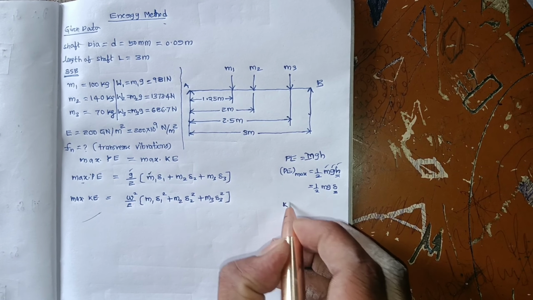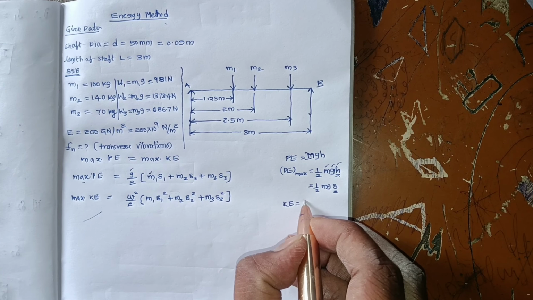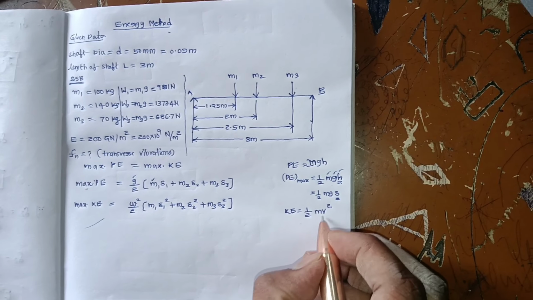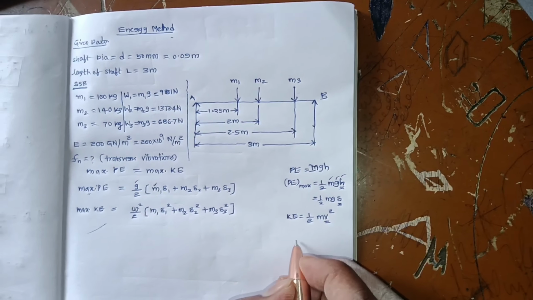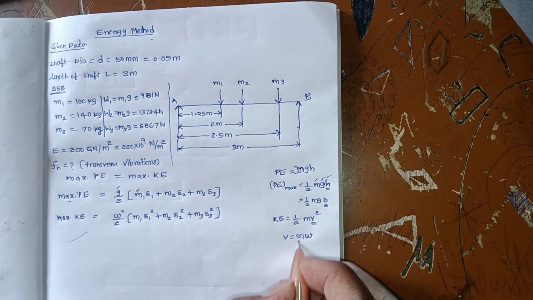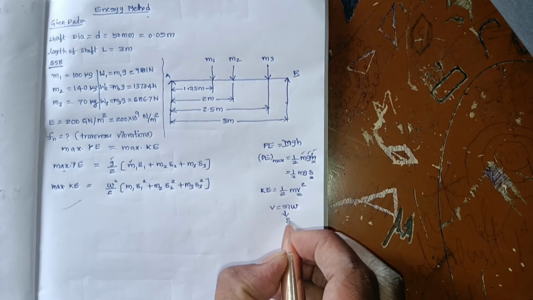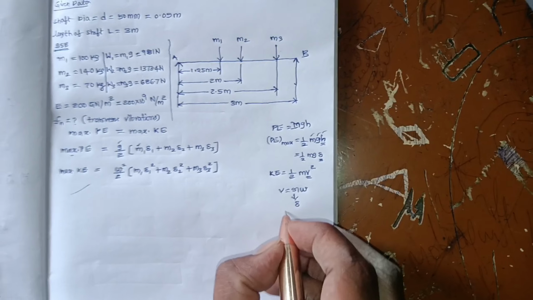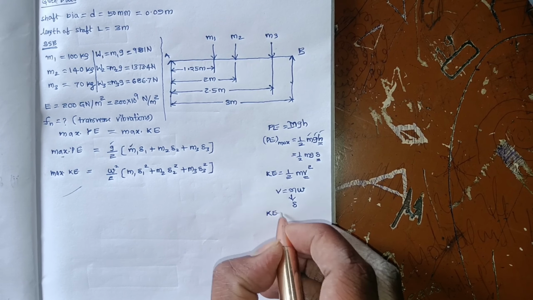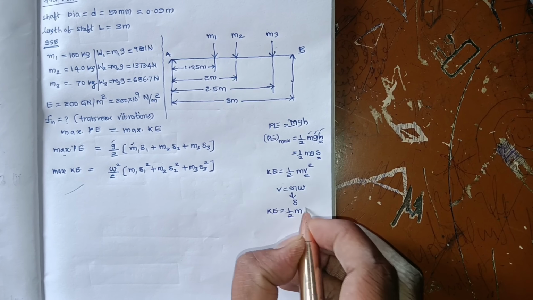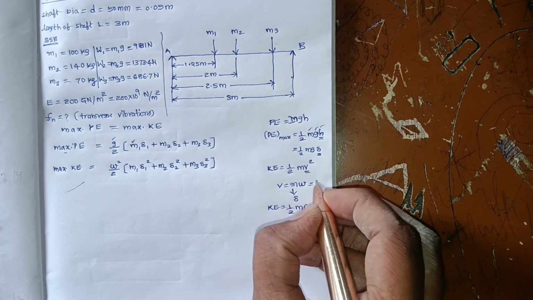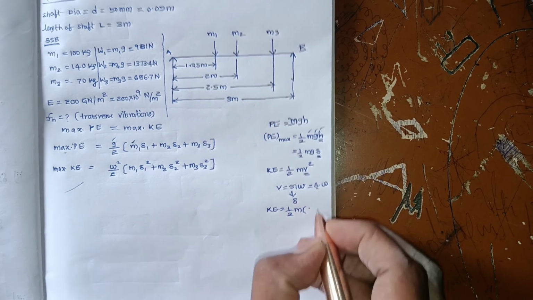Actually, the basic formula for kinetic energy is K equals half m v square. As you know, V is equal to R omega. Here you have to take R as the deflection. So you will get KE equal to half m delta omega square, where delta is the deflection.